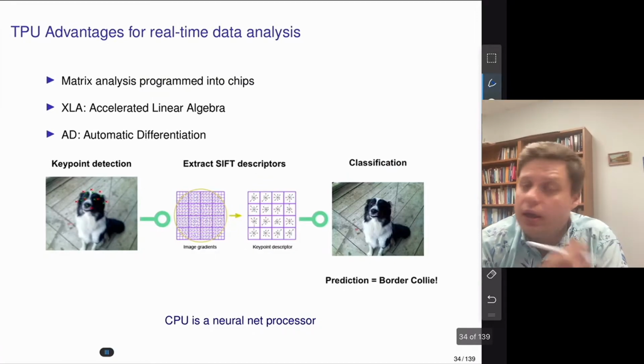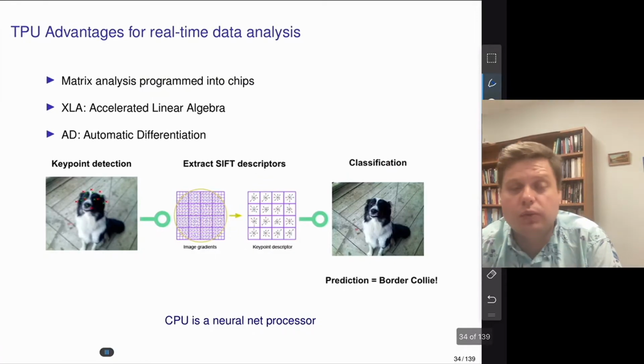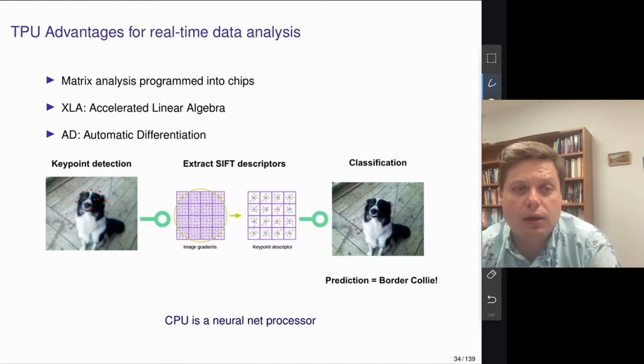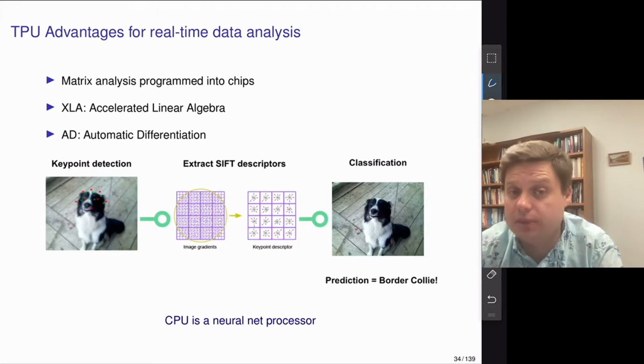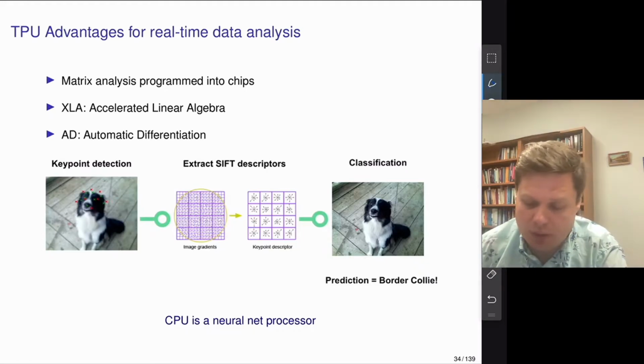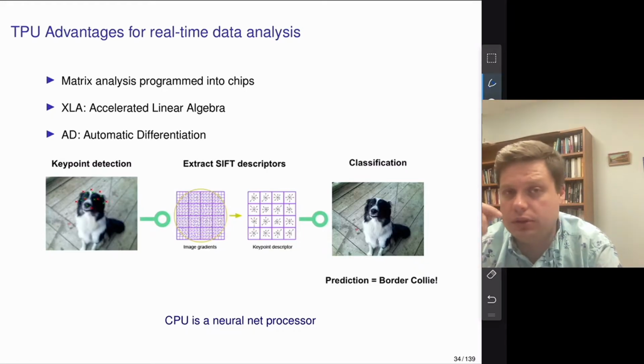Another thing to keep in mind when you process images is that you need a lot of computing. Those are very computationally hungry tasks, and the TPU, the tensor processing unit developed by Google, is one of the accelerated processing units designed specifically for this. Essentially, when you do deep learning, you have to calculate weighted sums of the pixels, for example.